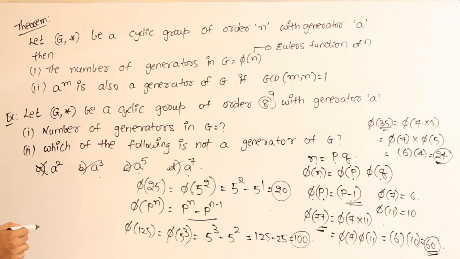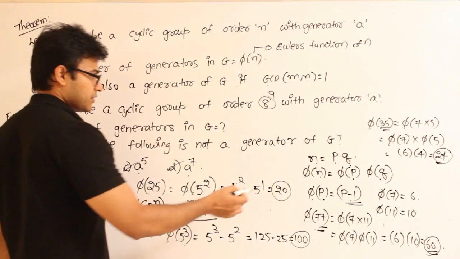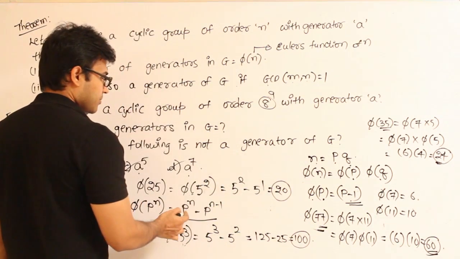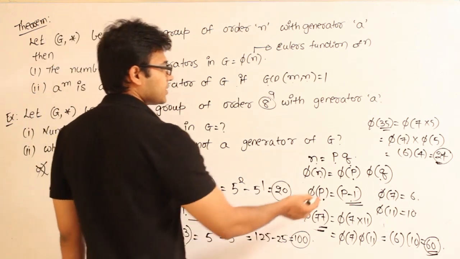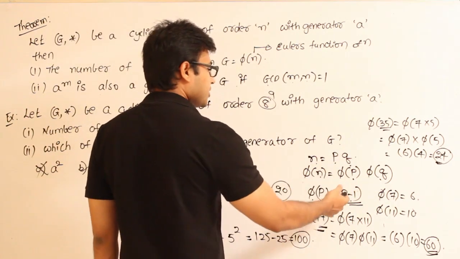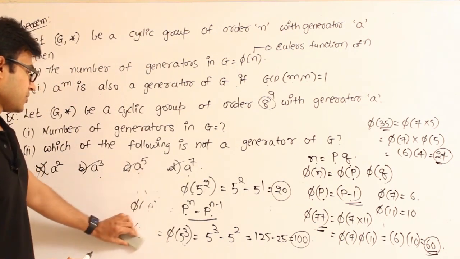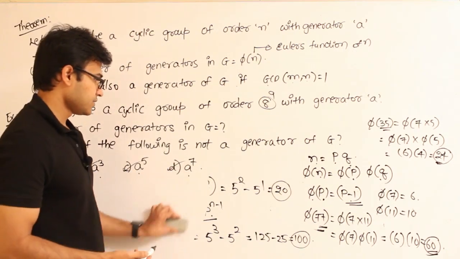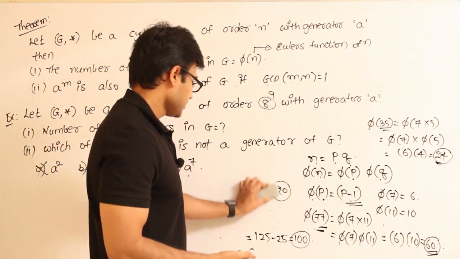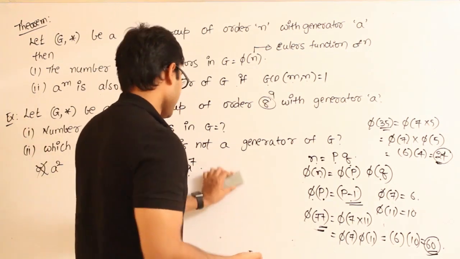So just be careful when you are trying to find Euler's numbers. In case there are repetitions, you have to apply this formula, p power n minus p power n minus 1. In case there are no repetitions, you can directly apply p minus 1 into q minus 1. What if there is a combination? Combination means there is a repetition as well as other numbers. So just see how to write it.